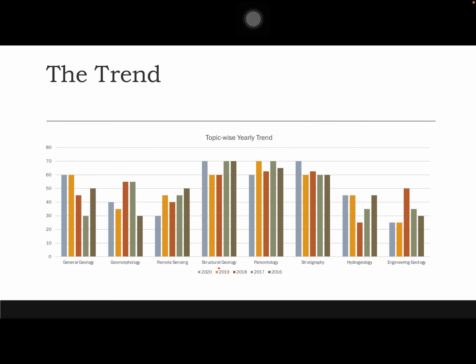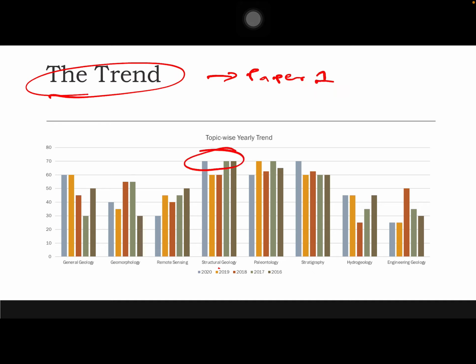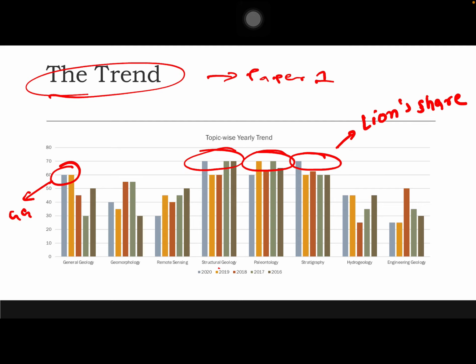Next, we look at the yearly trend of paper 1. Here the topic-wise trend tells us that structural geology, paleontology and stratigraphy hold the lion's share when it comes to marks in paper 1. But recent years have seen an increase in the trend of general geology.